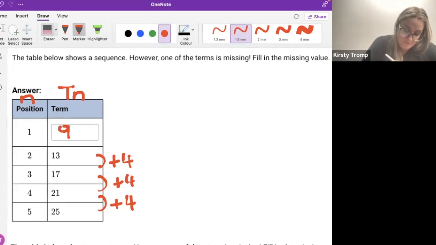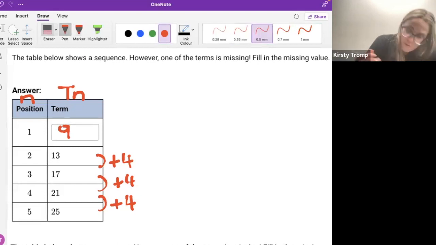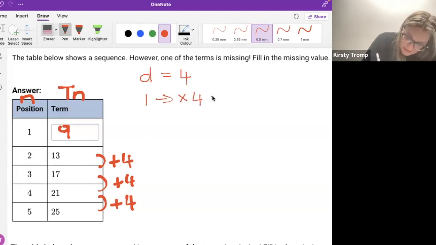Well done. So, if we go and do the rule for this one, just because we know how to do it now, everyone, we'll say to ourselves, we know that the difference is 4, okay? And so we'll say to ourselves, if we take the first term and multiply it by the difference, and then we need to add something, that will give us 9.